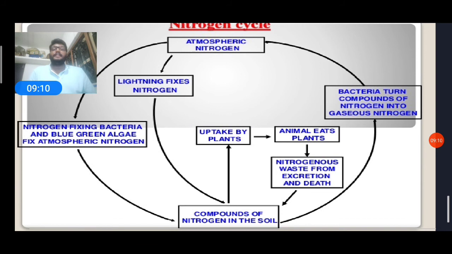This is the last part of this lesson. I will give a summary of what we discussed in this lesson: first, what we mean by microorganisms, what their characteristics are, where they are found, what the types are, how they are useful, and how they are harmful.